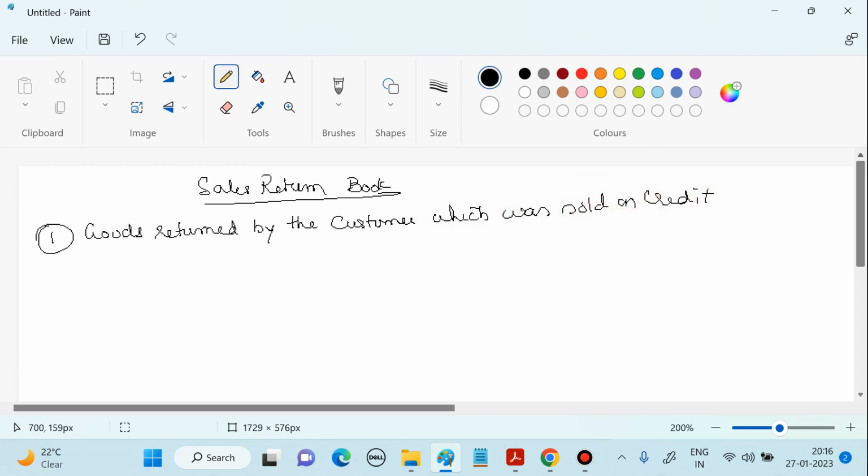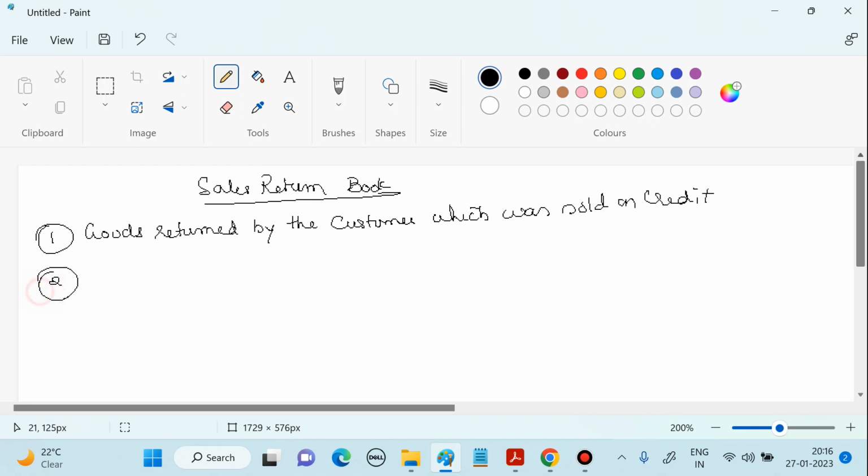If the goods were sold for cash and then returned, that is not recorded here in the sales return book. If an asset was sold on credit and it was returned, that is not recorded here.